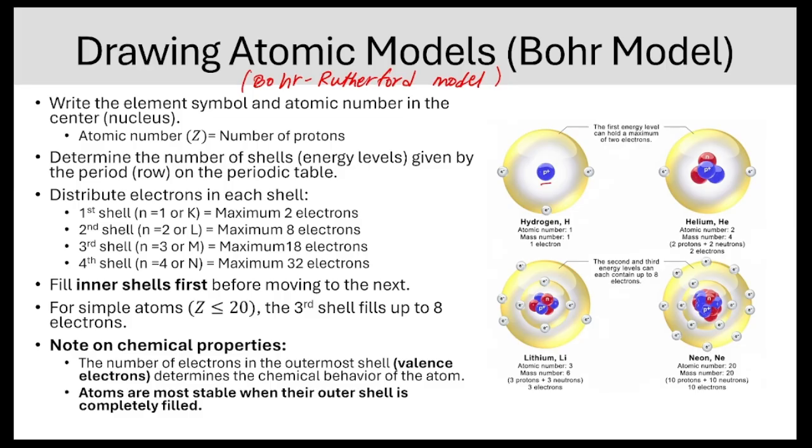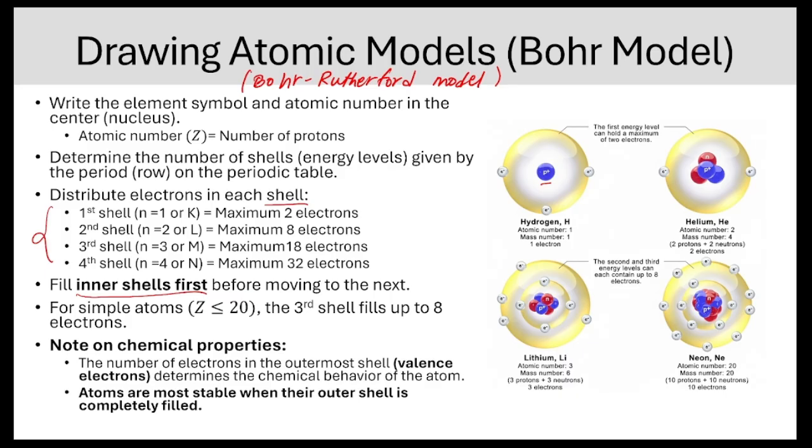And then we will draw the number of cells corresponding to the row of an element. We will use the periodic table to find out how many cells, or energy levels, each element has, and then we will fill them with electrons.